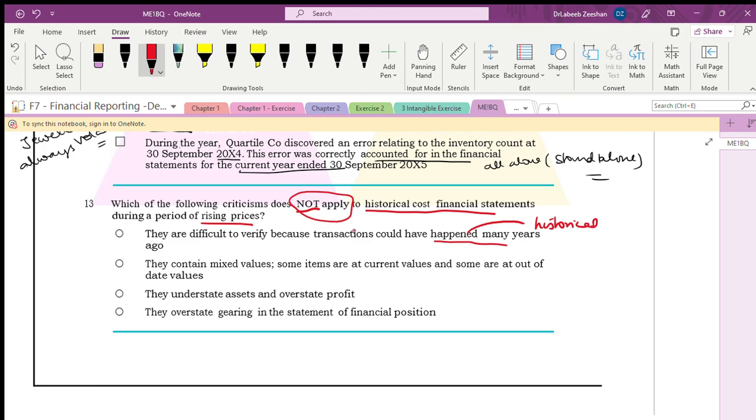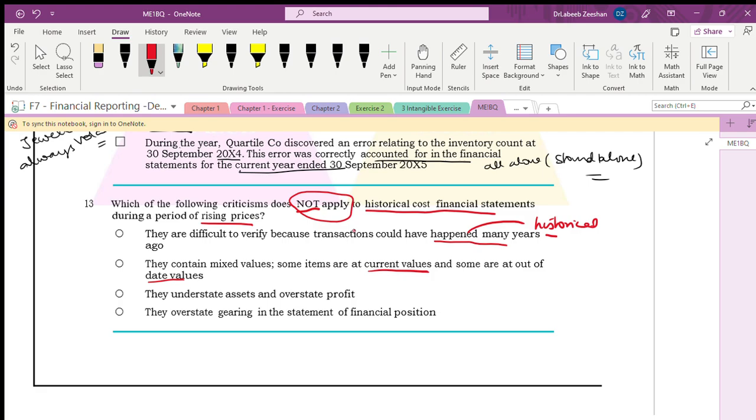They contain mixed values. Some items are current values and some are out of date values. These are difficult to verify because this is applicable. Is it right? This does not apply.